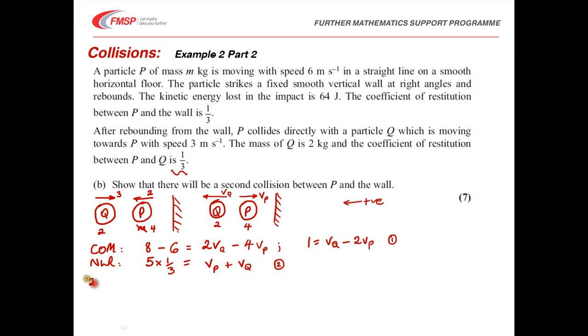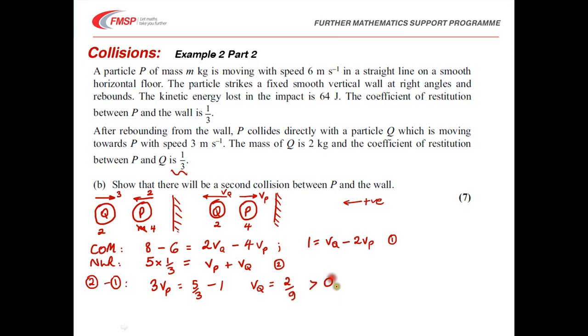If I do equation 2 minus equation 1, that's going to eliminate the VQs. VQ minus VQ is 0. VP minus 2VP gives me 3VP equals, and then we've got 5 over 3 minus 1. So VP is 2/3 divided by 3, so 2/9.